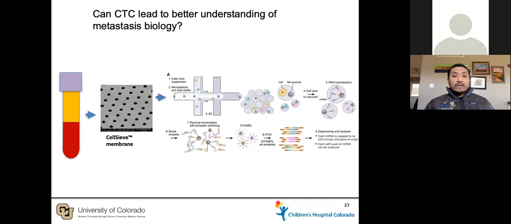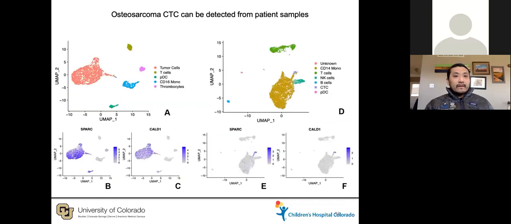We take the CellSieve membrane, enrich for circulating tumor cells from patient blood, and then use 10x single cell RNA-seq to sequence these enriched samples in order to differentiate the circulating tumor cells from the background cells.